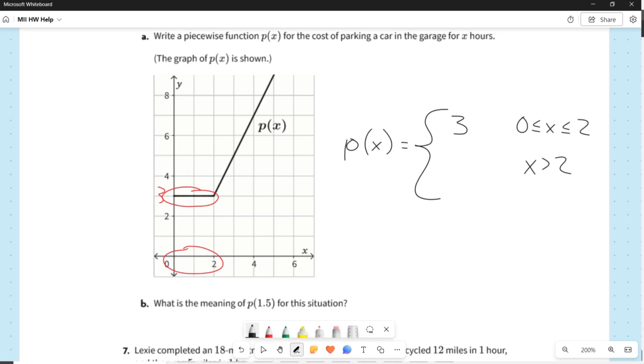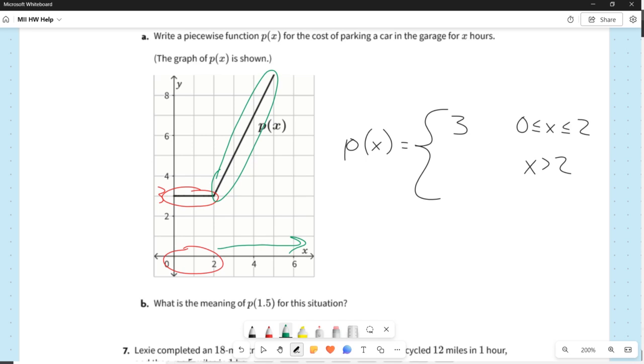Now, when x is larger than 2, we're talking about this piece of the graph, and these values for x. Well, this is a linear function. It's a straight line, and we can use slope-intercept form. We don't have to get too crazy here.